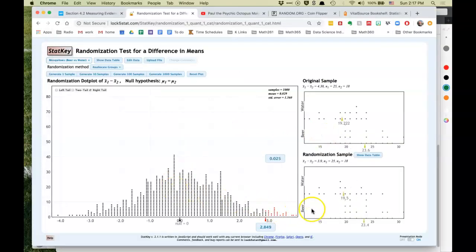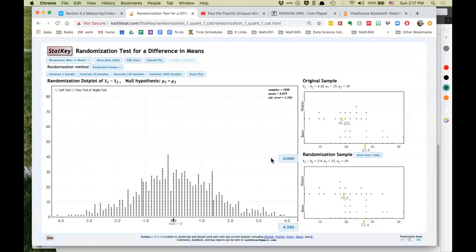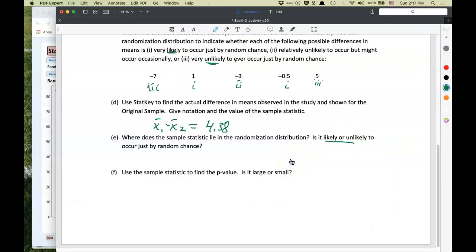Well, it's way out here off the charts. Now let's see if we tried to calculate the right tail, and let's see if we put in that value 4.38. Now it had to extend the axes just to get there. None of the randomizations was as dramatically different in terms of the means as the one in the original sample that we observed. So it means it's almost impossible to occur just due to chance.